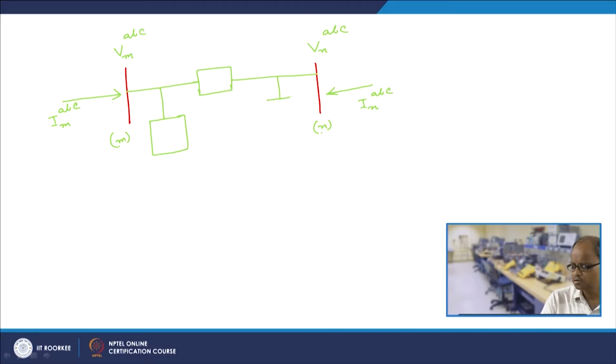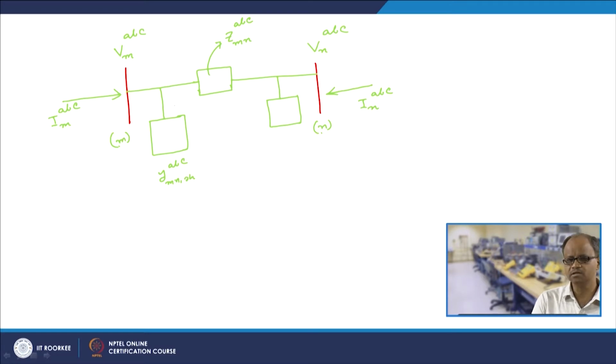This matrix we call Z_MN^ABC, and we call this matrix Y_MN,shunt^ABC.